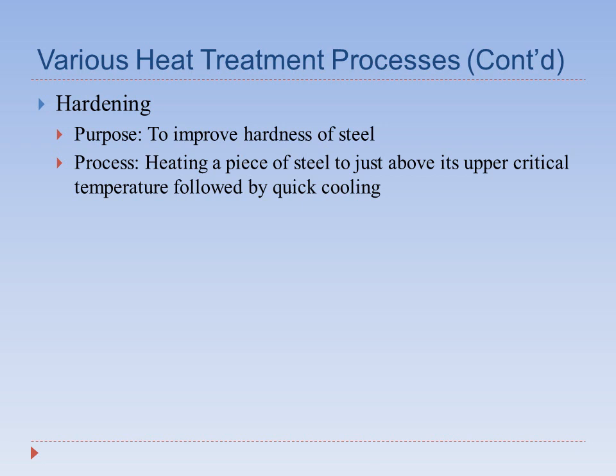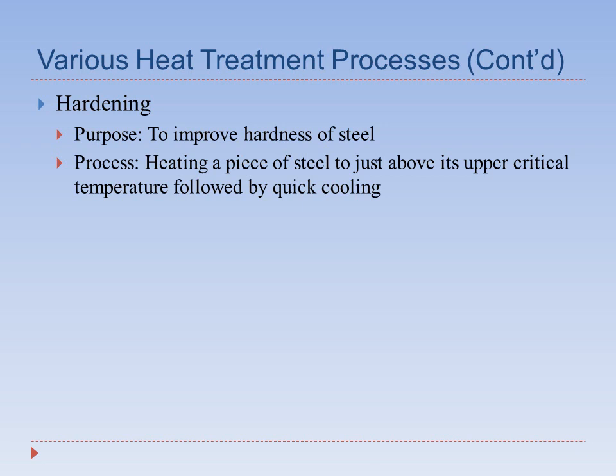by quick cooling. Friends, again you need to notice that in case of normalizing, the cooling was in the still air of the room. In case of annealing, the cooling was done inside the furnace. And here, in case of hardening process, we carry out the cooling quickly.